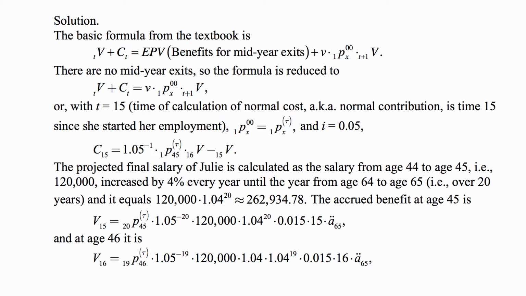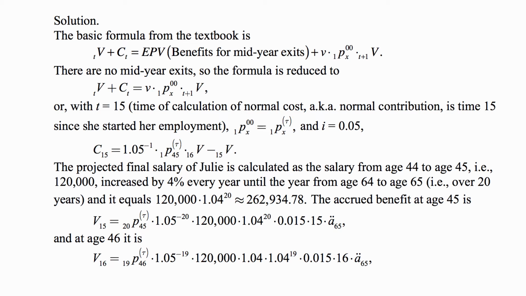And this says that the accrued benefit at time t plus normal contribution and normal cost at that time is equal to the expected present value of benefits for mid-year exits, assuming the exits happen only in mid-years, plus the present value, assuming survival, of the accrued liability a year later.